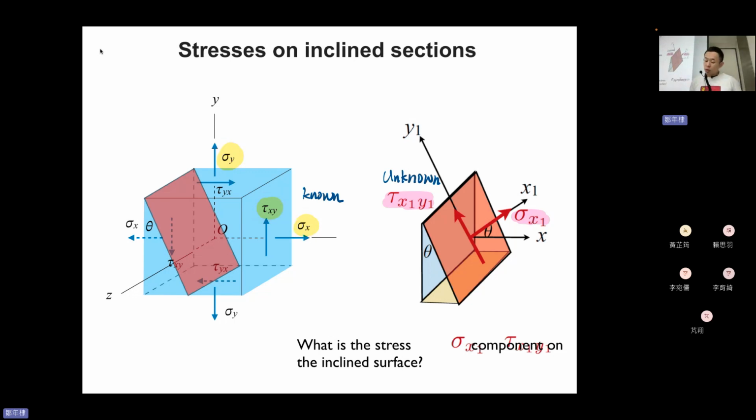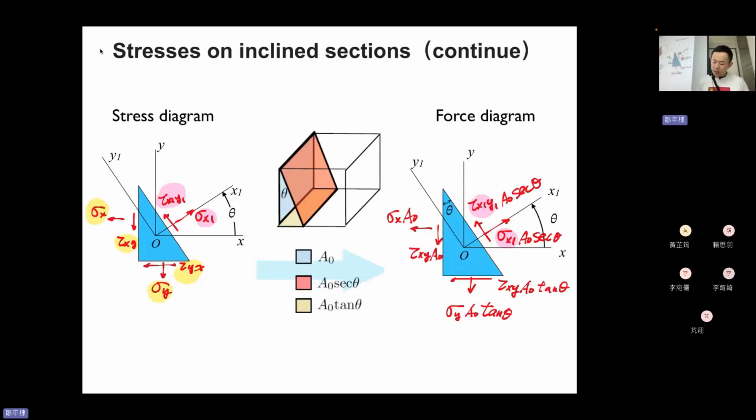Yesterday we talked about how to determine stresses on oblique, inclined sections tilted at an arbitrary angle, to get sigma x1 and tau x1y1.